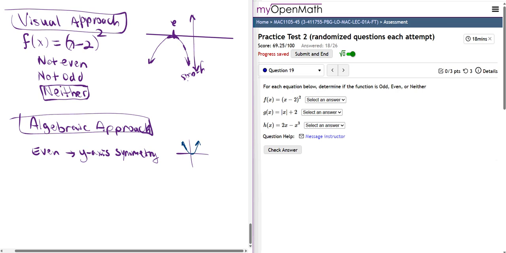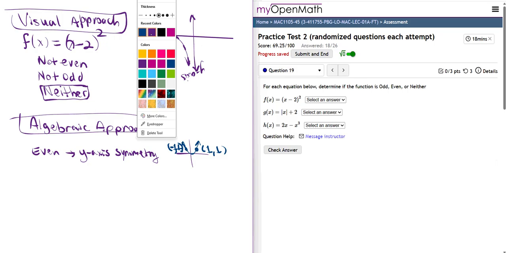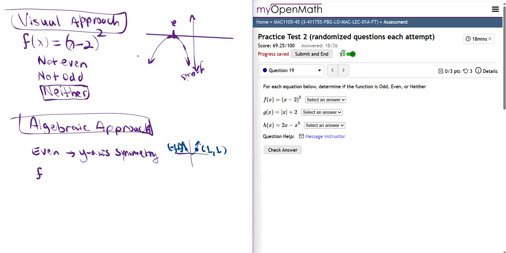Whatever this point is, say that's 1 comma 1, over here you would have the same y value, but an opposite signed x. So by definition, how we write this algebraically is that f of negative x shall give you back the same y value as regular f of x.